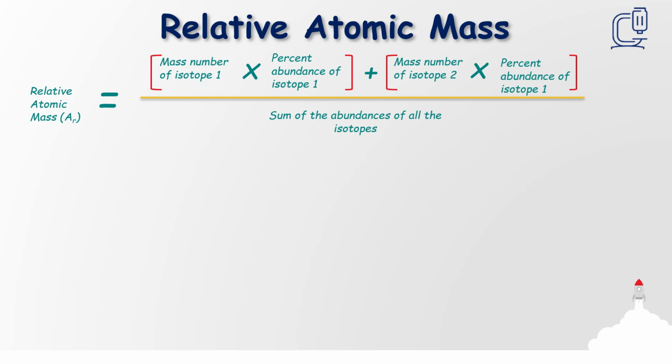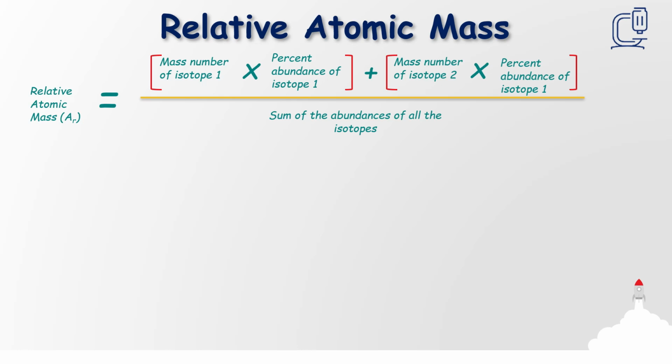When we mention abundance, we basically mean how common or rare the isotope is. You may be asked in the exam to calculate the relative atomic mass of an element to 1 or 2 decimal places. Let's take the example of copper and work out its relative atomic mass.